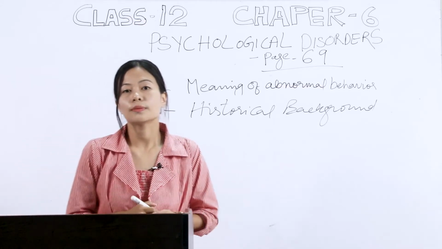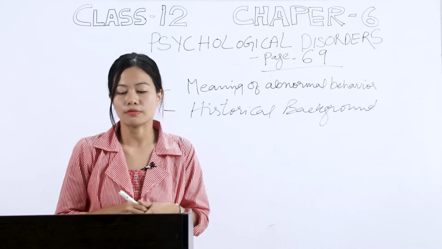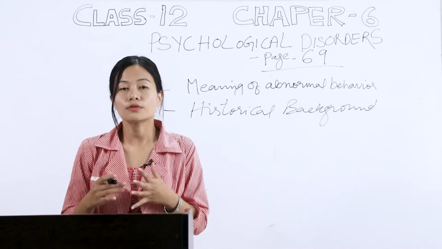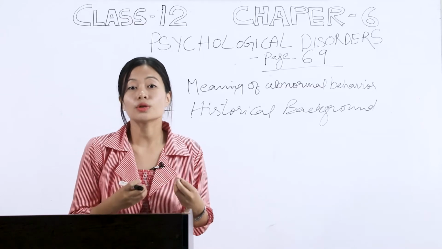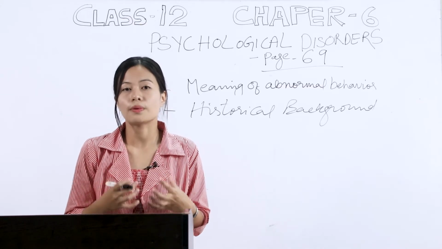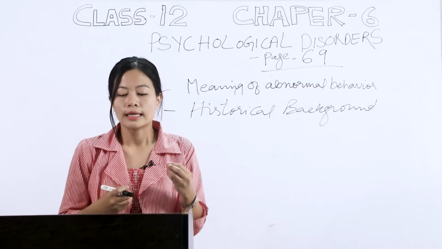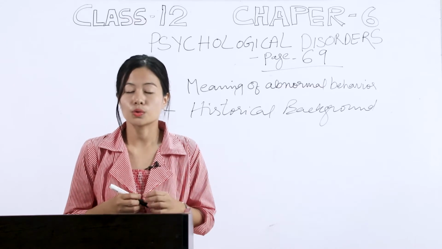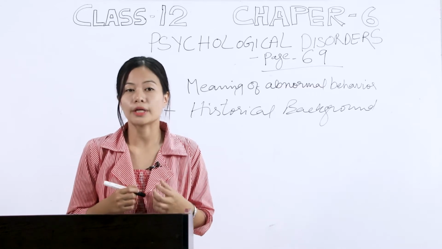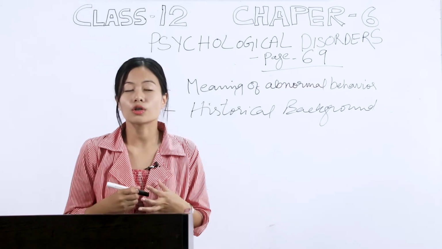A recurring theme in the history of abnormal behavior is the belief that individuals have behaved strangely because their bodies and their brains are not working together. So this is the biological and organic approach. Another approach to the causes of abnormal behavior is the psychological perspective.